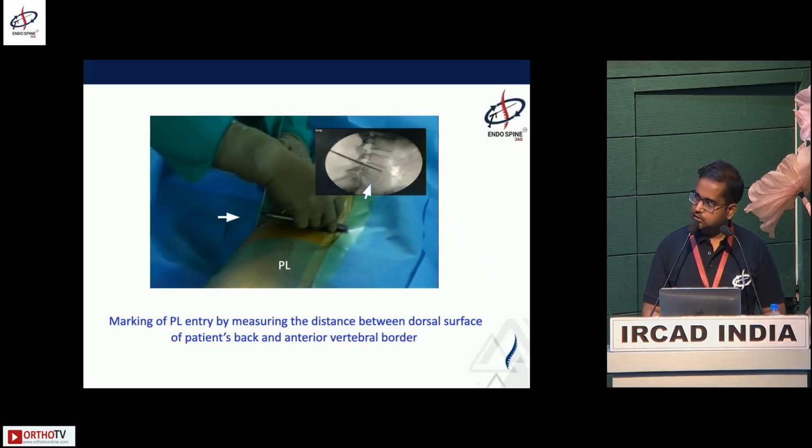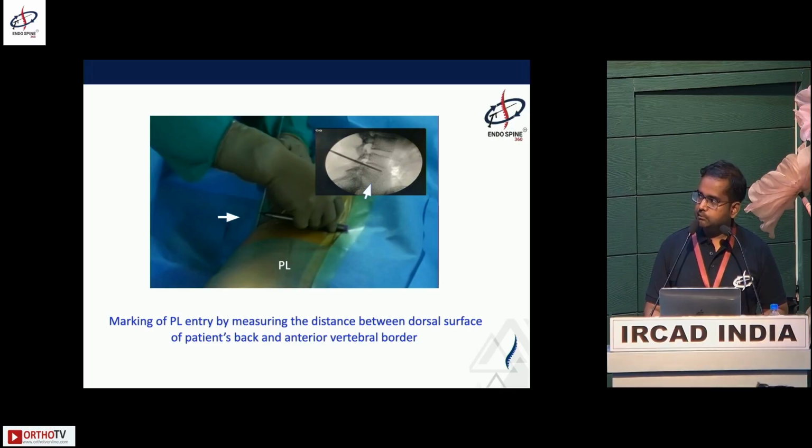Now all the next markings will be in the lateral view. So the first entry point is the posterolateral entry, and this posterolateral entry is marked by measuring the distance between the dorsal surface of the patient's back and the anterior vertebral border. So in the C-arm image, our rod should reach the anterior vertebral border, and on the patient's back, the rod is placed such that this distance from the midline to this rod is the distance we have to mark, and this will be the posterolateral entry.